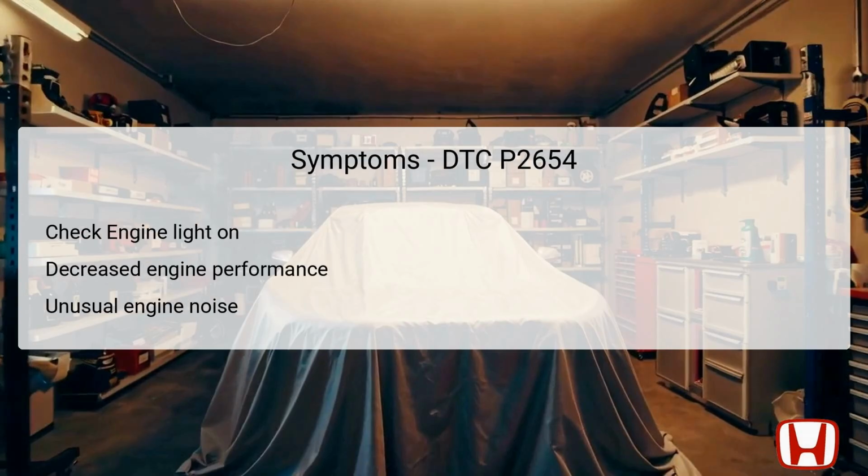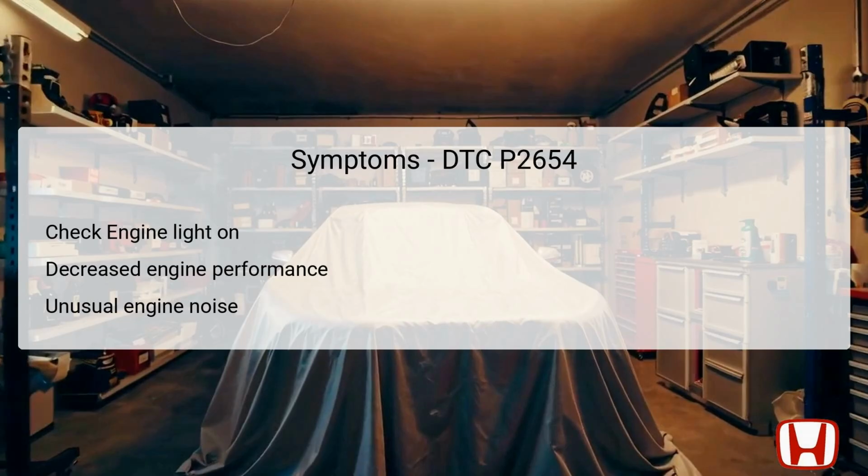The symptoms associated with DTC P2654 can significantly affect vehicle operation. Most notably, the check engine light will illuminate on the dashboard, alerting the driver to the potential issue at hand. Drivers may also notice decreased engine performance, including sluggish acceleration or reduced power during operation.